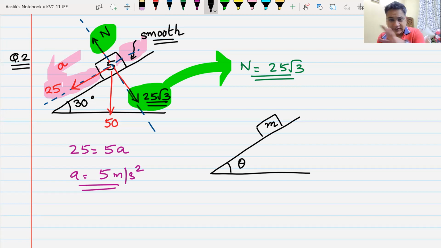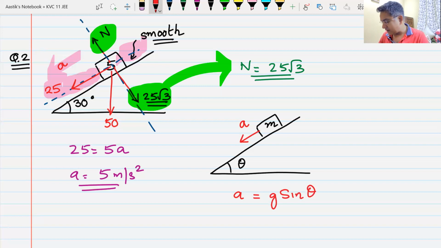If I again solve it in the same way, you will see that if I call the acceleration due to gravity g, the acceleration of this block, which is obviously downwards, will always come as g sine theta.